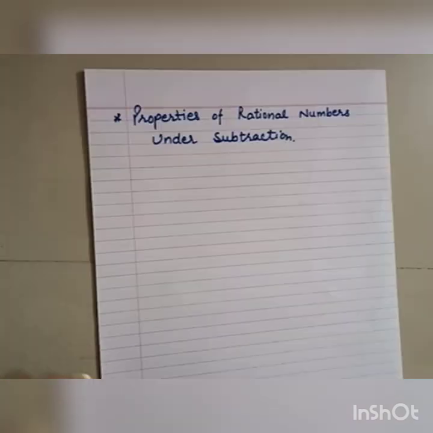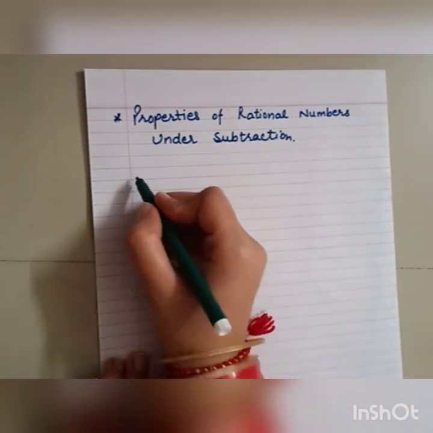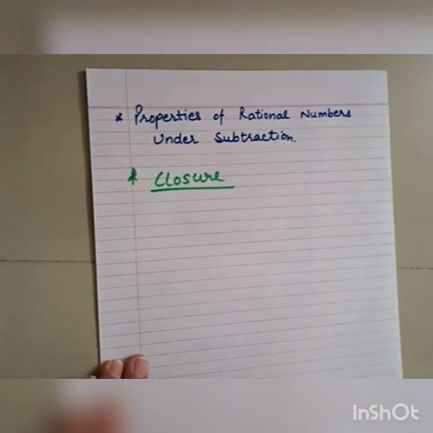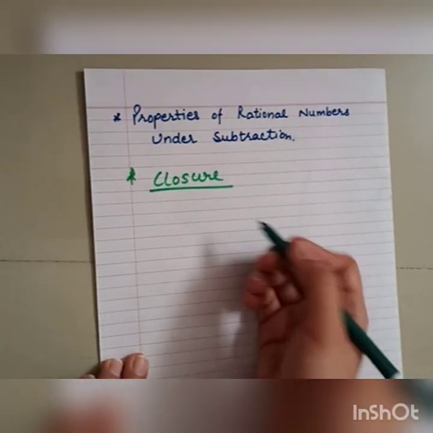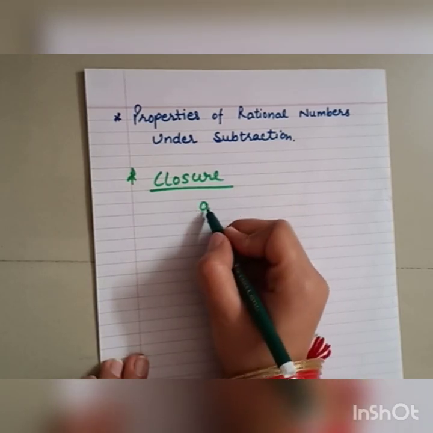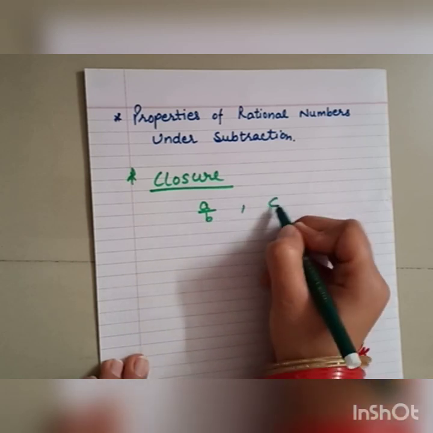Now next is properties of rational numbers under subtraction. Now let's check. First one is the closure property. In this, take any two rational numbers, suppose a by b and c by d.